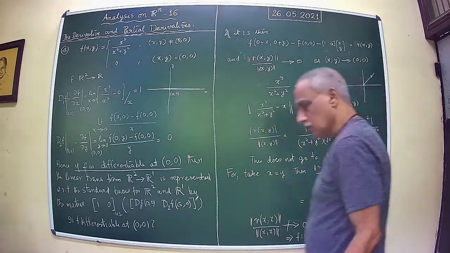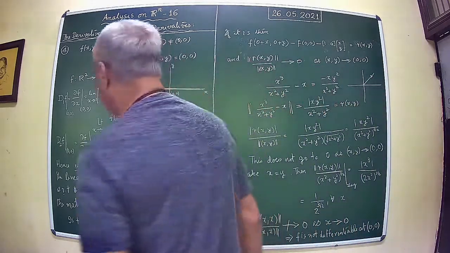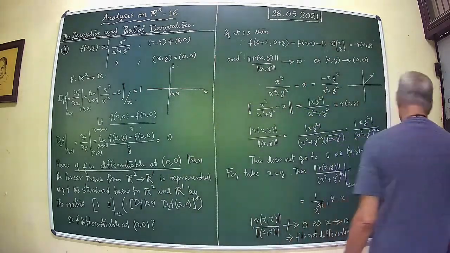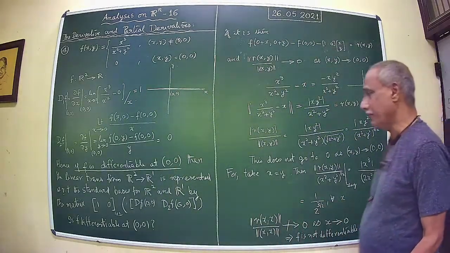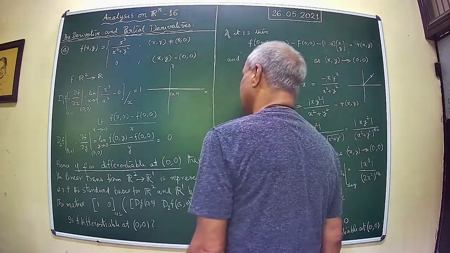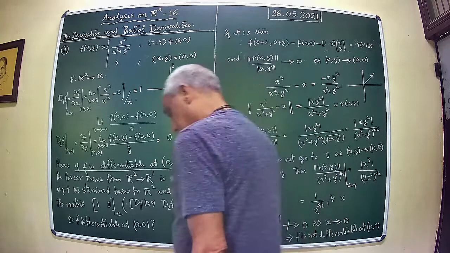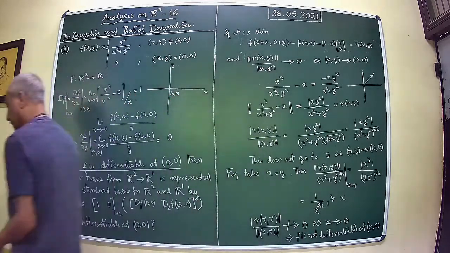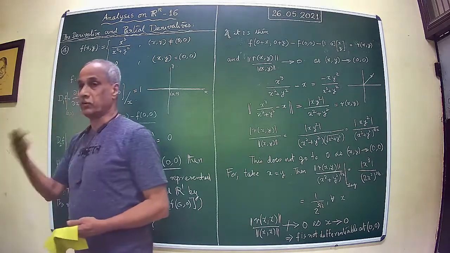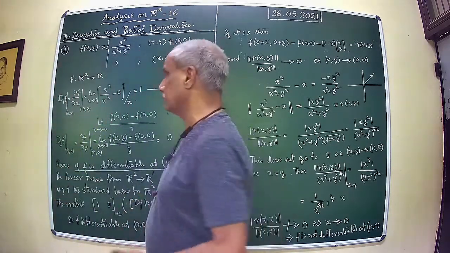So there is a natural question that you ask: is it ever possible to use the properties of the partial derivatives, if they exist, to conclude that the function is totally differentiable? Now this particular question we will take up later.